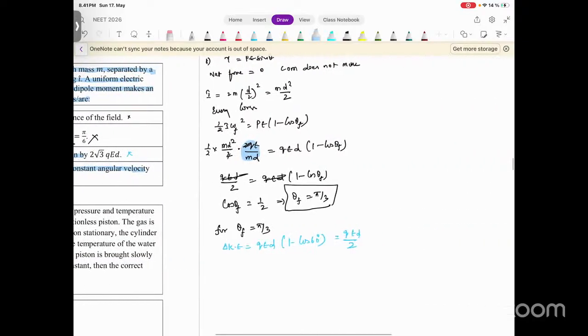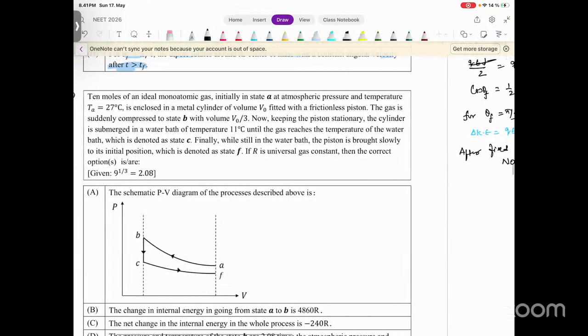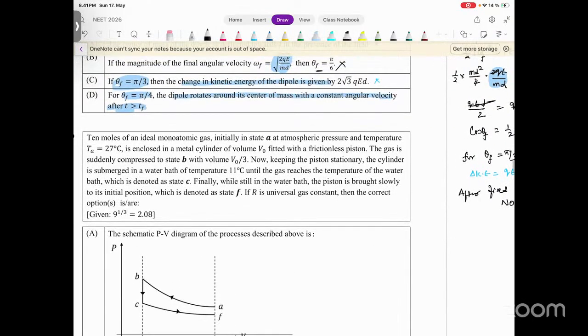So that means after the field is removed, there is no torque at all. No torque means the angular velocity will remain constant. So the dipole rotates with a constant angular velocity. So D is the correct option.